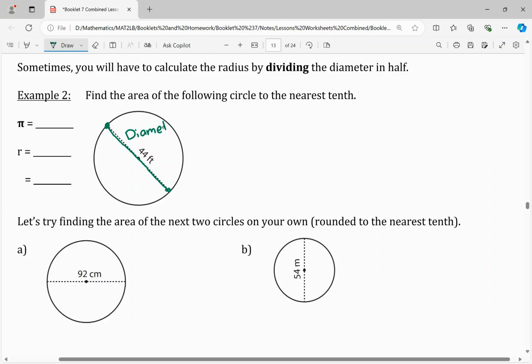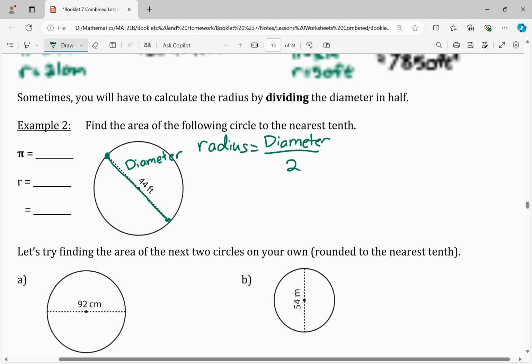The diameter is the distance from one side of a circle straight through the middle all the way to the other. And if you remember from a couple of lessons ago, the radius is equal to the diameter divided by 2.